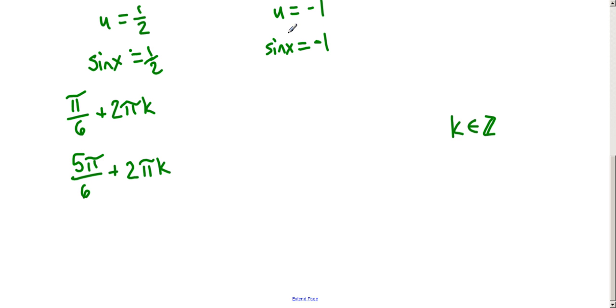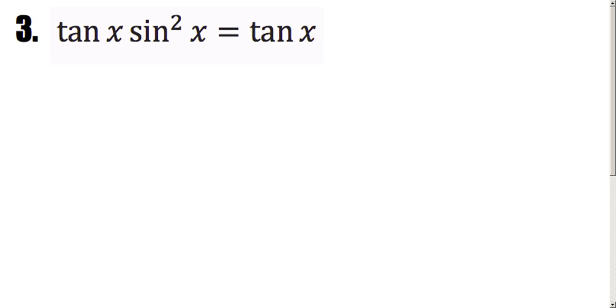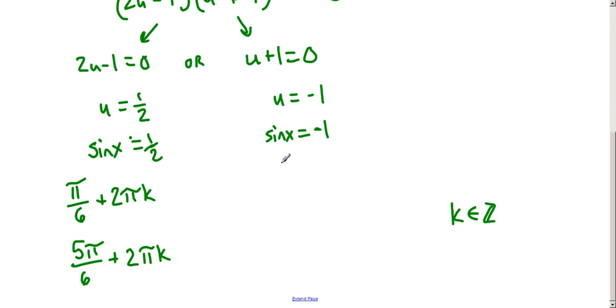Now let's go over to our other factor, sine of x being -1. Back to our unit circle. Where is sine -1? 3 pi over 2. That's our only angle on our unit circle. And again, it's not just 3 pi over 2.